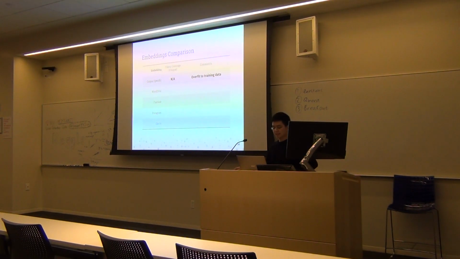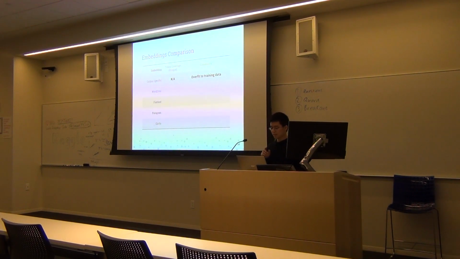Now, what are embeddings? Embeddings are vector representations of a word in a lower dimensional space that exhibit latent semantic properties. So there's a famous example of king plus female equals queen, that kind of semantic property.